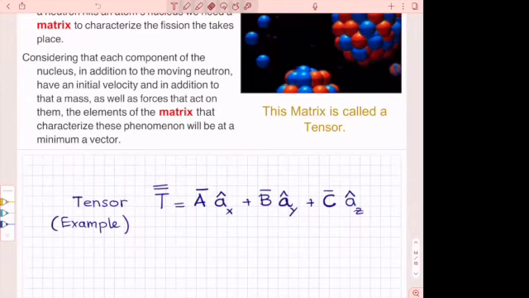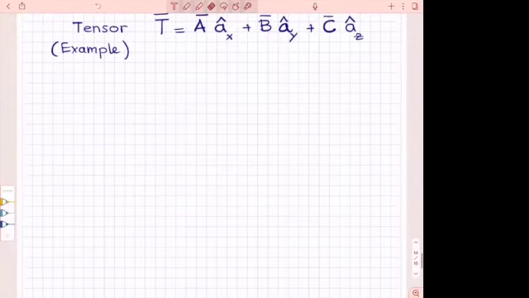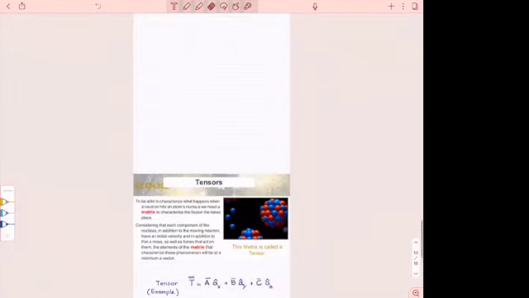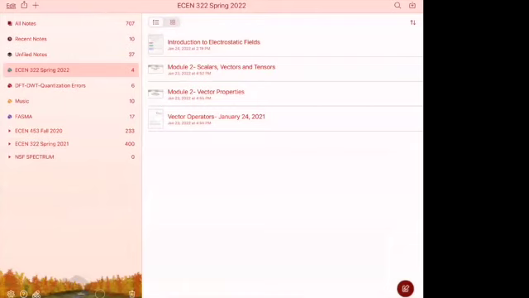Where there is complexity in the physics involved. Okay, so with that, any questions before I proceed with vectors? Because that is the fundamental thing that we want to do first of all.